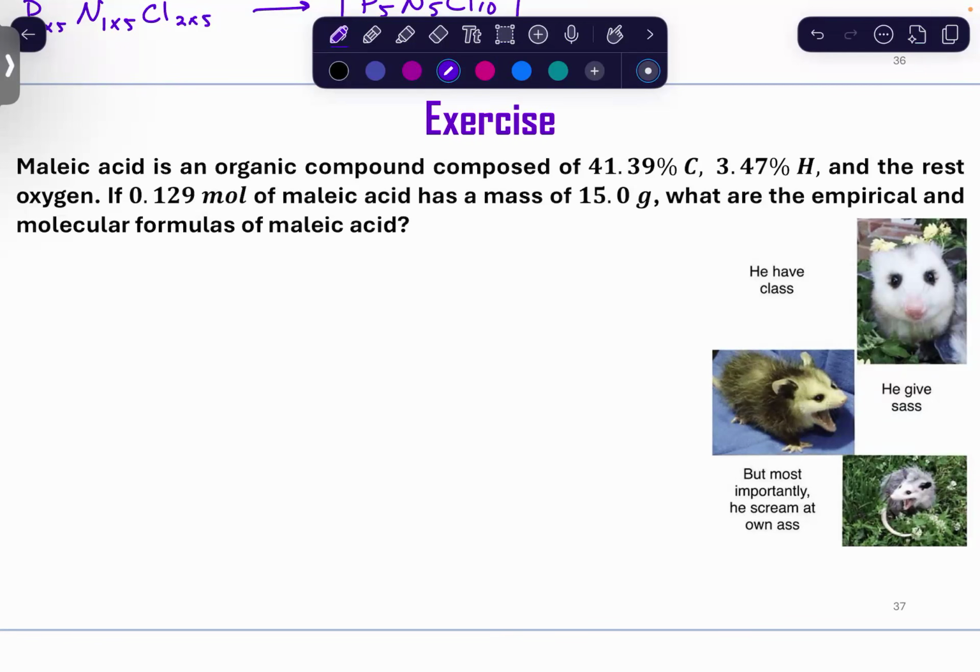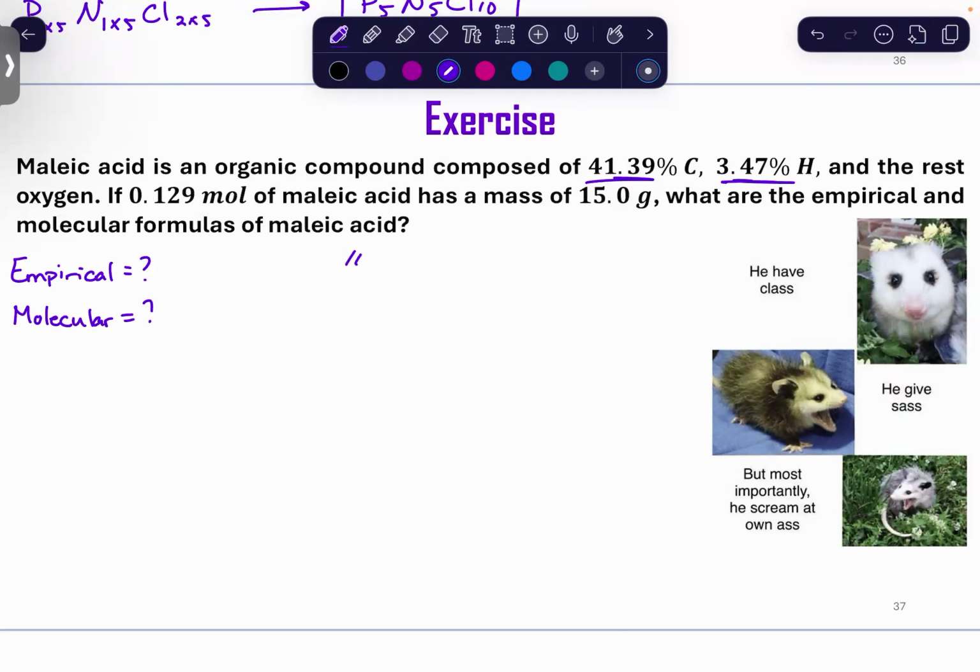Okay, so you notice that we have a couple of our mass percentages. We don't have oxygen. So the first thing I'm going to do is, let's say empirical formula, molecular formula. That's what they're looking for.